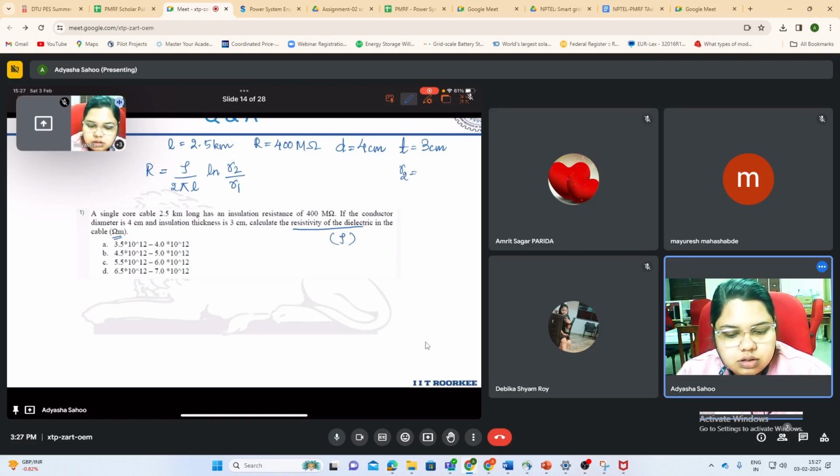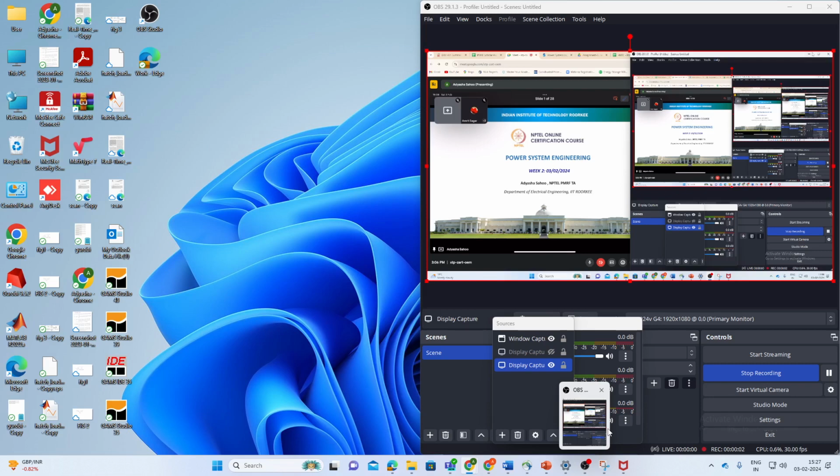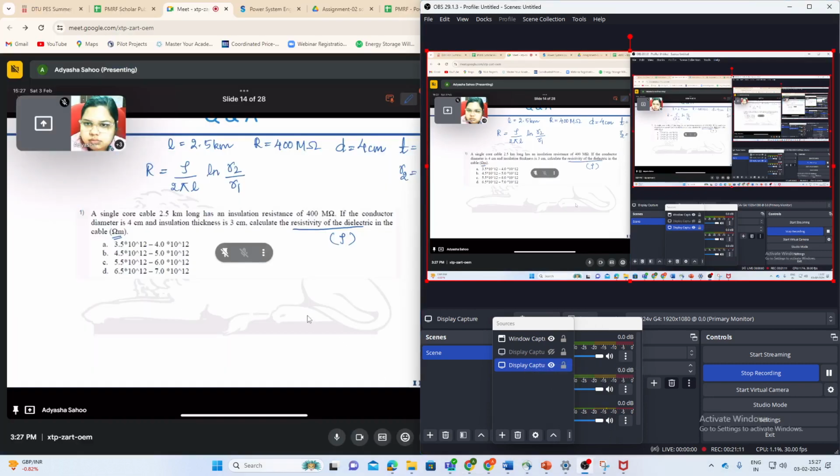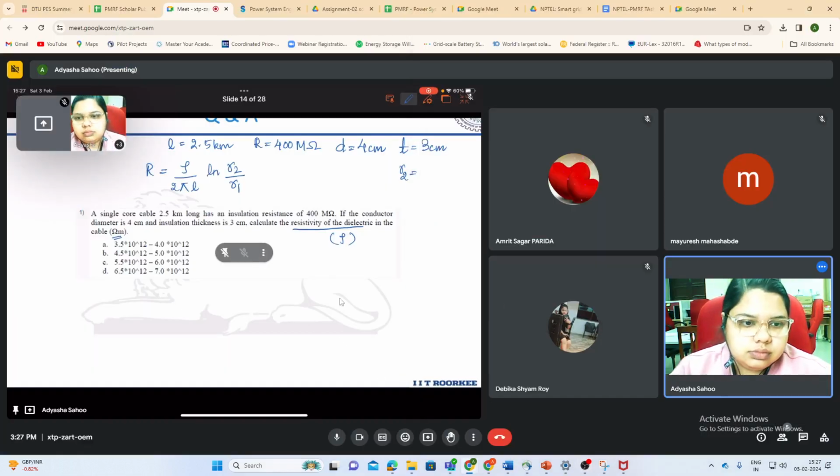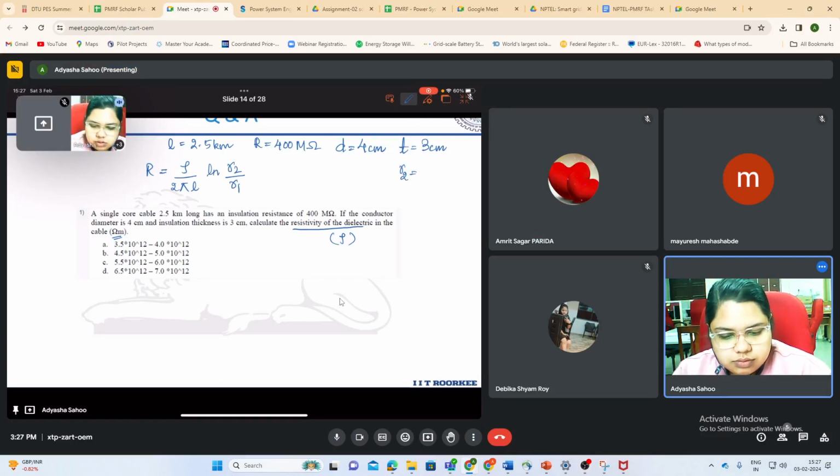So what is the radius of the conductor here? The radius of the conductor is in the question, right? It is 2, since the diameter is given as 4 cm.